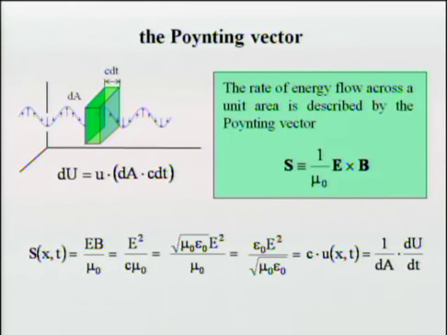Why don't you repeat this phrase to your neighbor? That the magnitude of the Poynting vector represents the rate at which energy is being transferred through a unit area of a surface perpendicular to that wave. Say it.